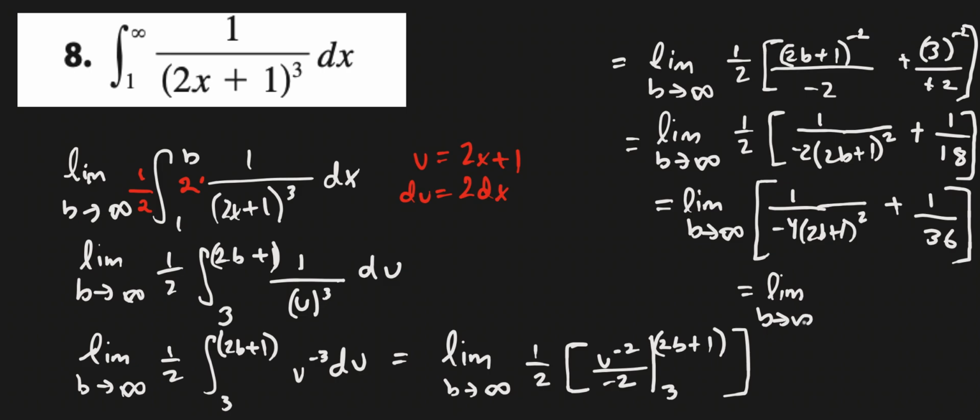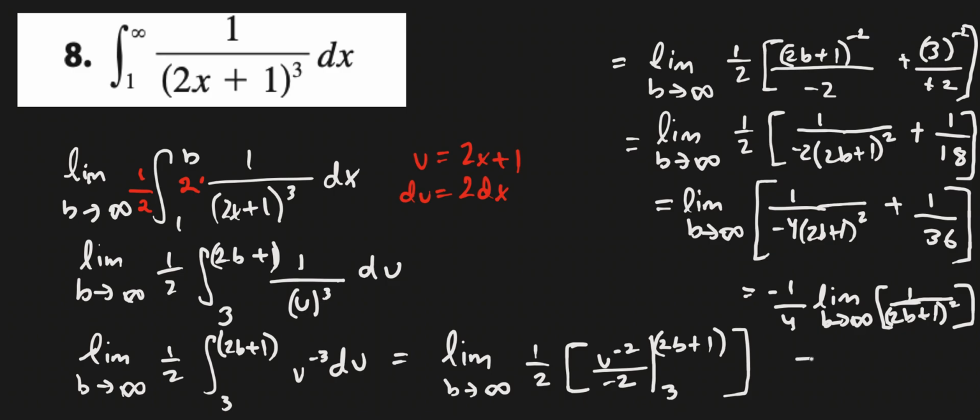You could obviously do this in your head; you don't have to write this out. I'm writing it out because I want to show all the steps. So this is equal to negative 1/4, bringing that out, limit as b approaches infinity of 1 over (2b plus 1) squared, plus the limit as b approaches infinity of the constant 1 over 36.